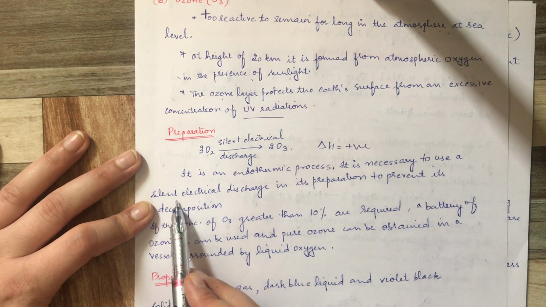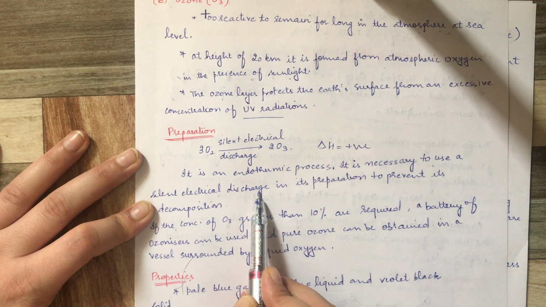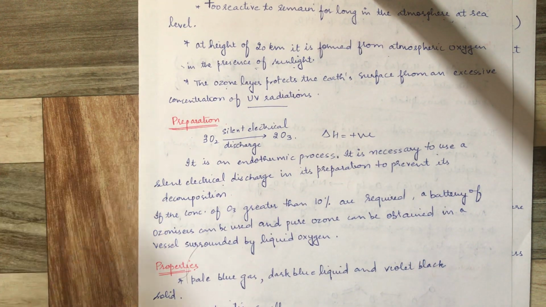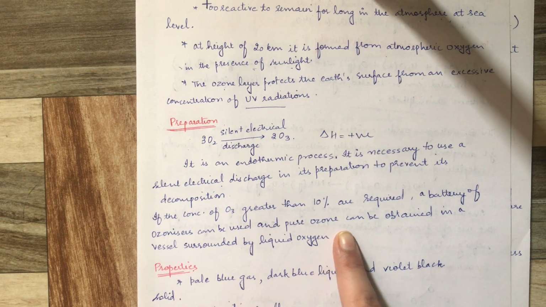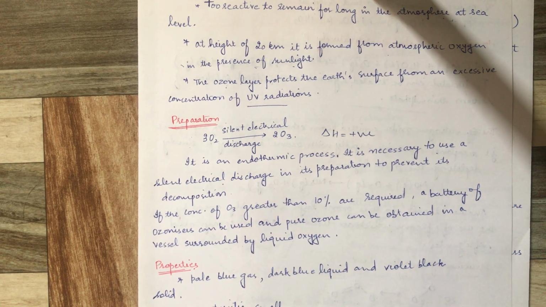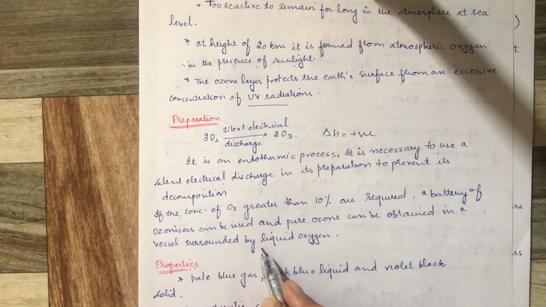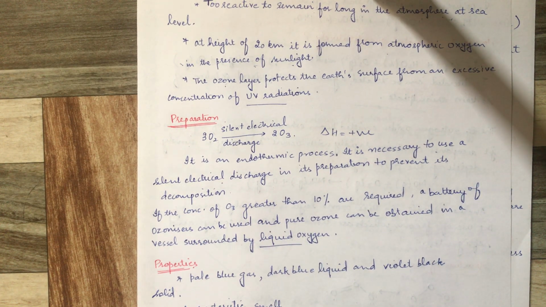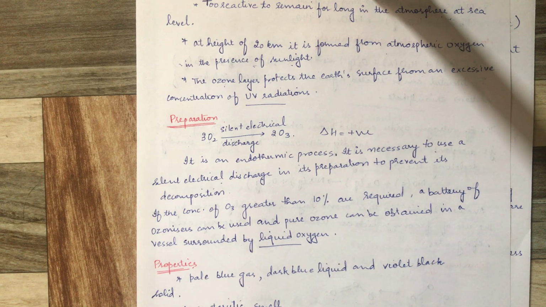It is necessary to use a silent electrical discharge in preparation to prevent its decomposition. If you require more than 10% ozone, a battery of ozonizers can be used and pure ozone can be obtained in a vessel surrounded by liquid oxygen. It is very difficult to prepare ozone because the process is highly endothermic.